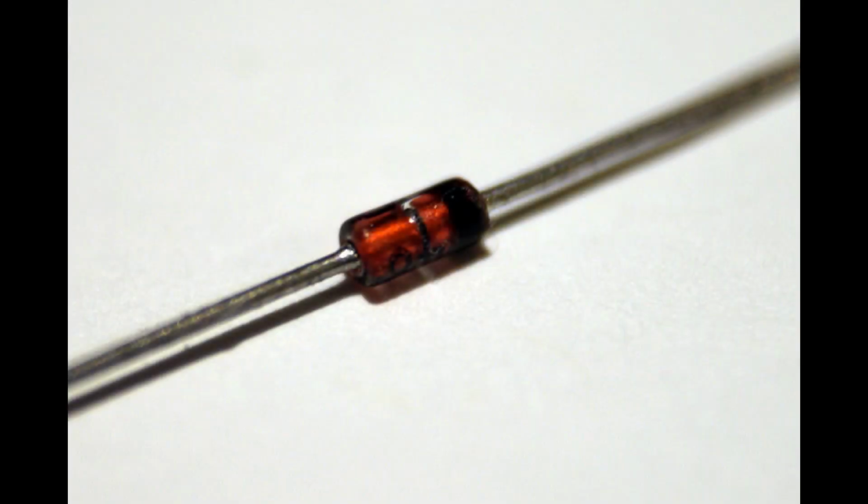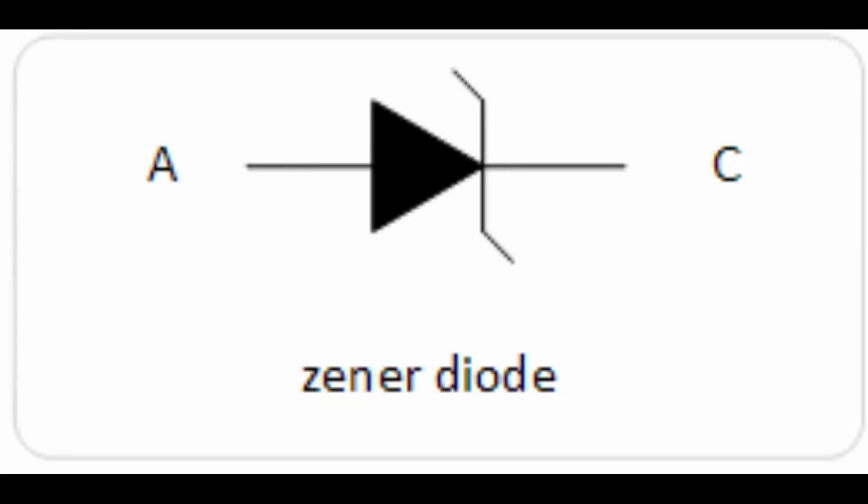Zener diode. The Zener diode is named after Clarence Melvin Zener, who discovered the Zener effect. It's a type of diode which allows the flow of current not only in the forward direction but also in the reverse direction. When the reverse voltage reaches the breakdown voltage, known as the Zener voltage, it allows the current to flow.